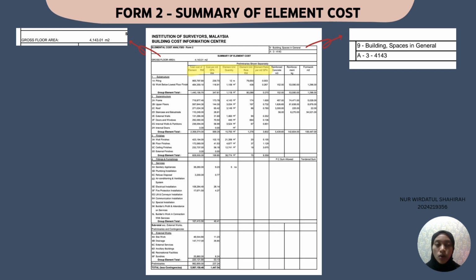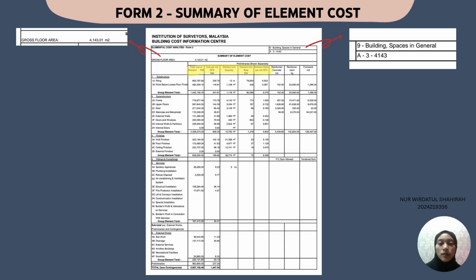However, no cost was recorded for major mechanical systems such as lift, air conditioning, and communication installation. So this could mean that those systems are not required for this building type or had not yet been specified at the time of the analysis.